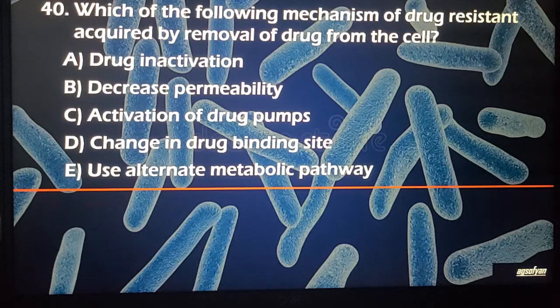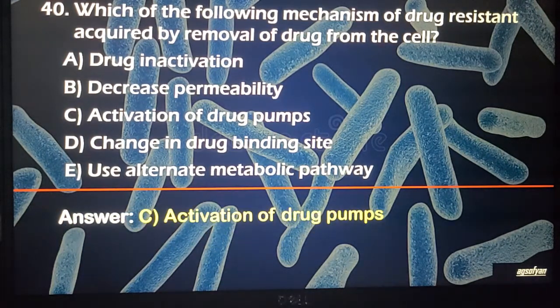Choose your answer. Yes, the answer should be activation of drug pumps. Remember, this is removal of drug from inside the bacterial cell. So the bacterial cell will have the ability to pump the drug out, and this action is called activation of drug pumps.